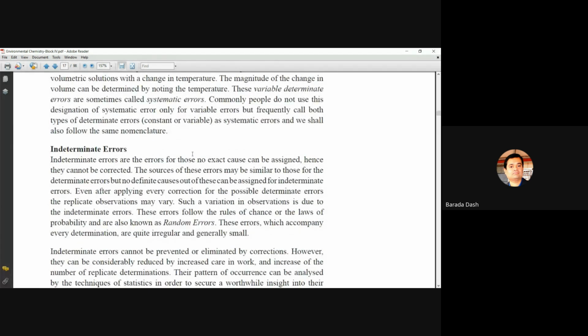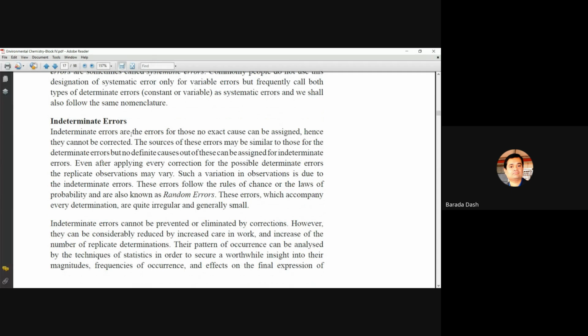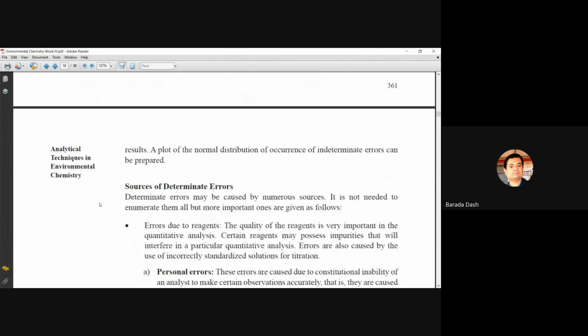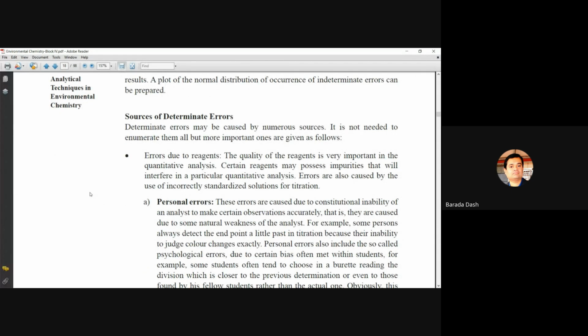Whereas indeterminate errors are the errors for which no exact cause can be assigned, hence they cannot be corrected. The sources of these errors may be similar to those for the determinate errors, but no definite causes can be assigned for indeterminate errors. So determinate means which can be corrected. Indeterminates cannot be corrected. That is the difference between them.